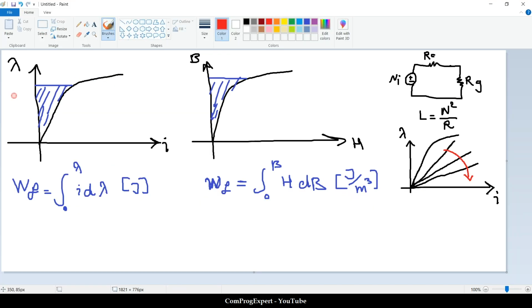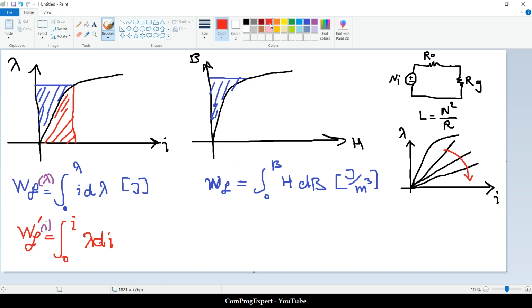So this area is energy, and we can define a new concept, co-energy, this area. We can show it using this W_f prime, the co-energy. This is from 0 to I, lambda di. The energy is a function of lambda. The co-energy is a function of current.